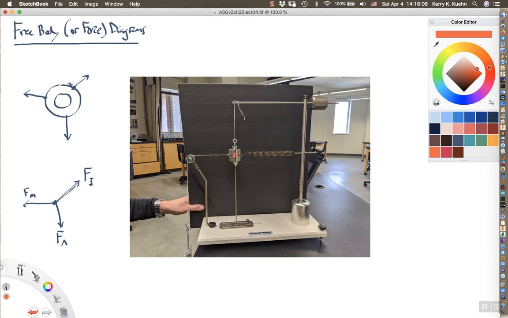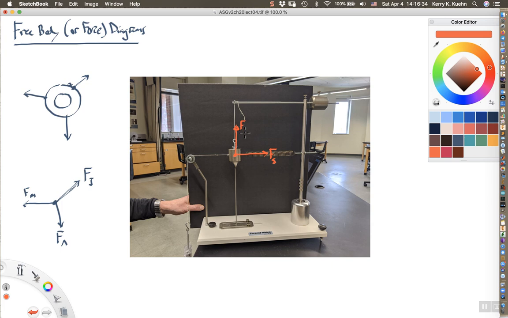I'm going to draw a dot here that represents the mass, and there are four forces acting on this mass. The first force, let's draw an arrow like this, is the force with which the spring is pulling on this mass to the right. In addition, there is a force I'll call force 1.